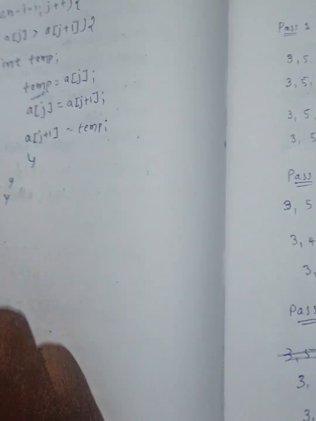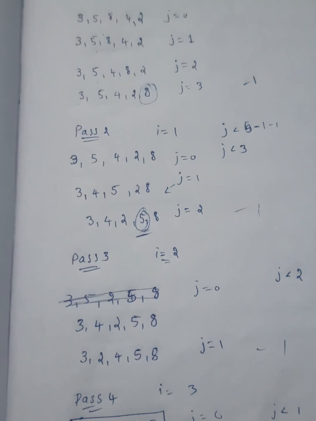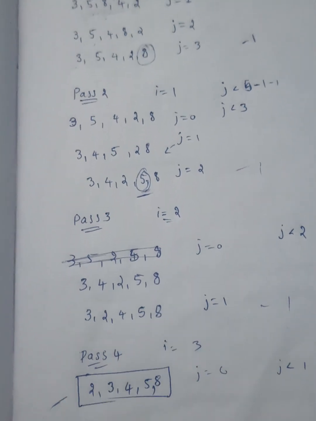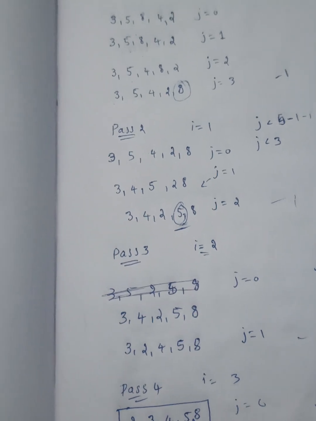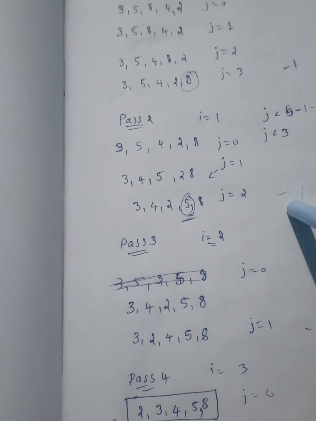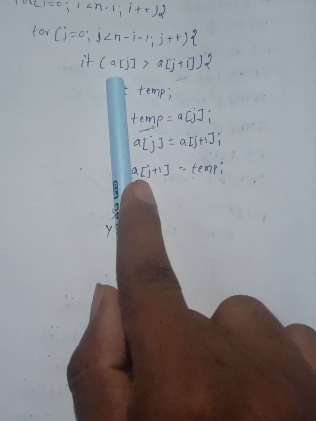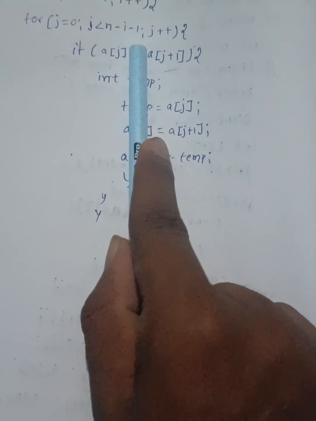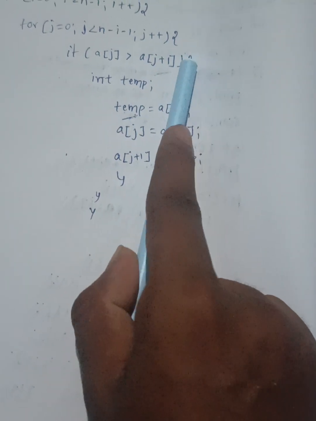As we noticed, in every pass there is one decrement of comparisons. So here check 4, 3, 2, 1. So for j equal to 0, j less than n minus i minus 1, it is going to decrease by 1 every time.